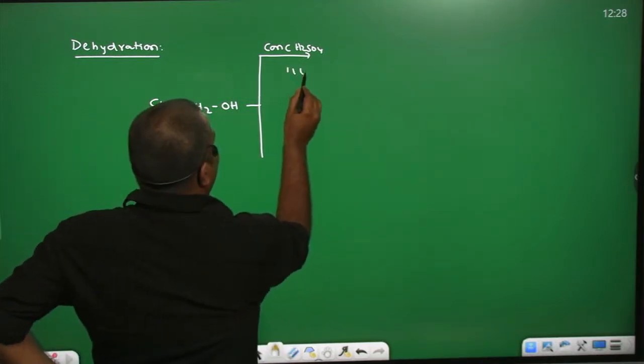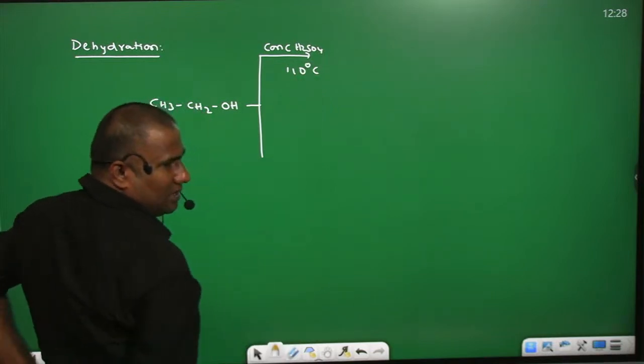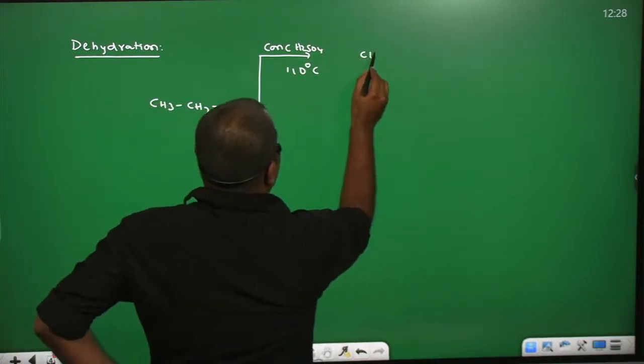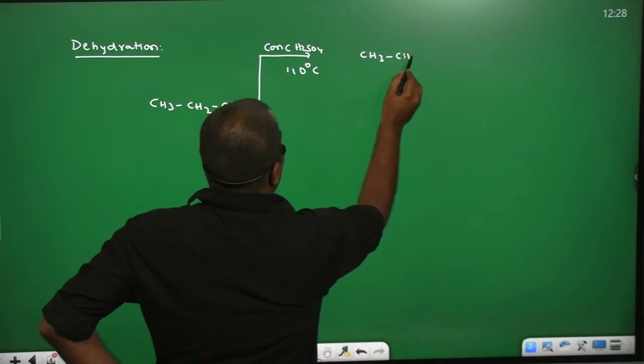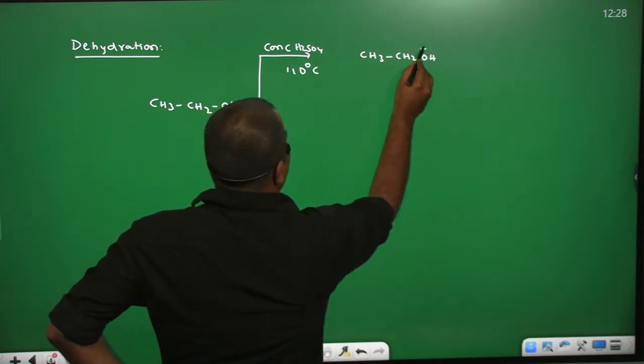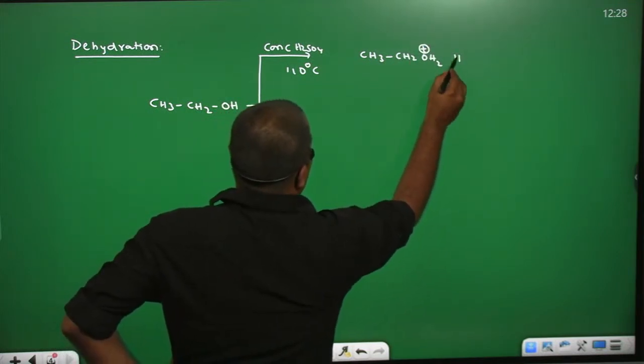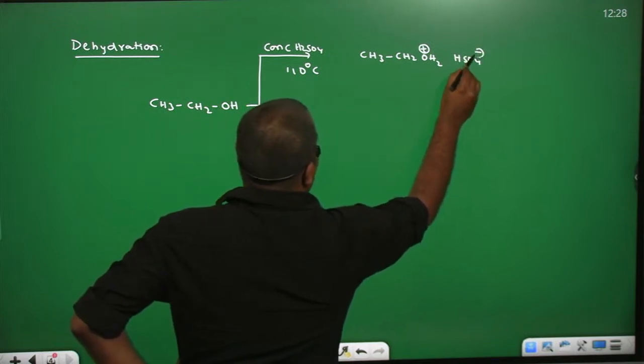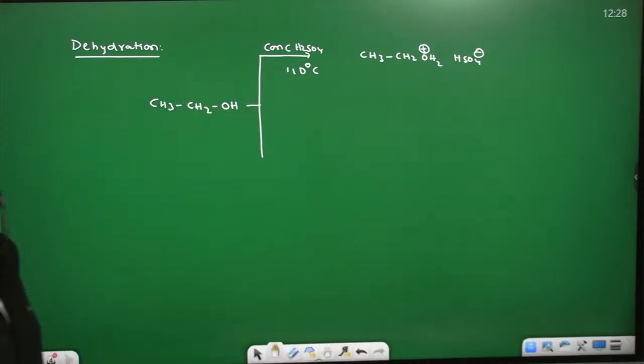If we use 110 degrees centigrade, the product is CH3CH2OH2+ HSO4-, because it is going to form a salt.